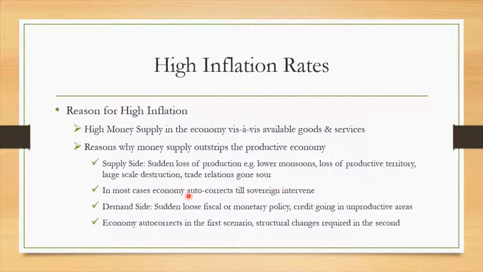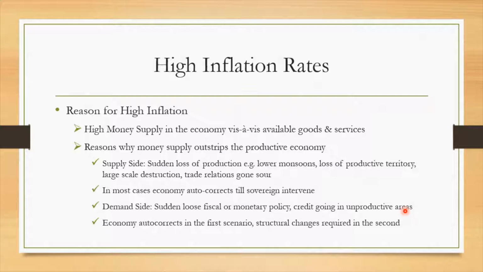And in any case, because of these reasons, the economy mostly autocorrects itself until the sovereign stupidly intervenes for some reason or the other. The other reasons are demand side reasons, which, as I've indicated above a little bit, are because of loose fiscal or monetary policies, where credit or the money supply goes into unproductive areas of the economy.